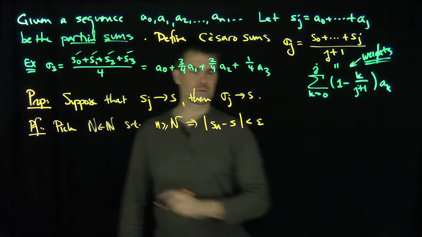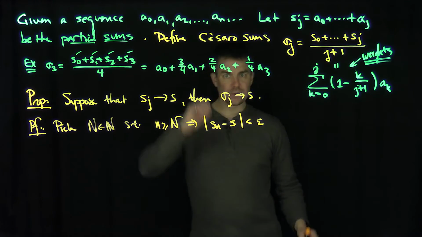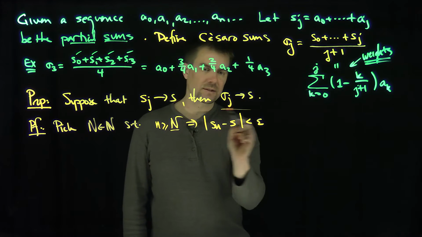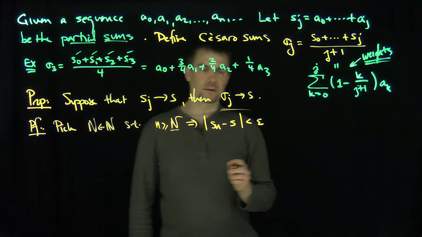I can certainly make that happen. Now my goal is to show that for this same value of n, which is fixed, sigma n minus S is less than epsilon, okay?